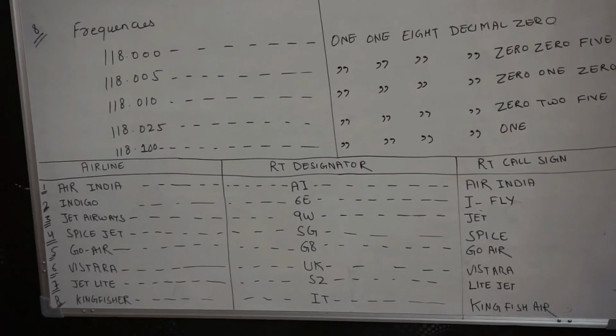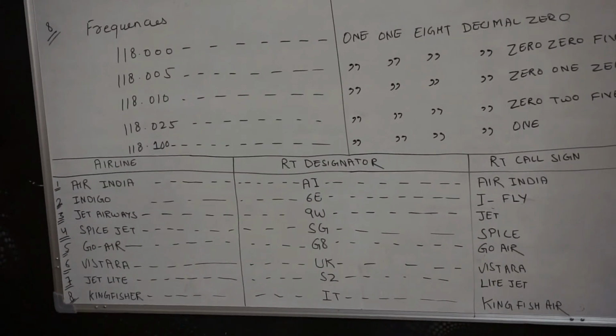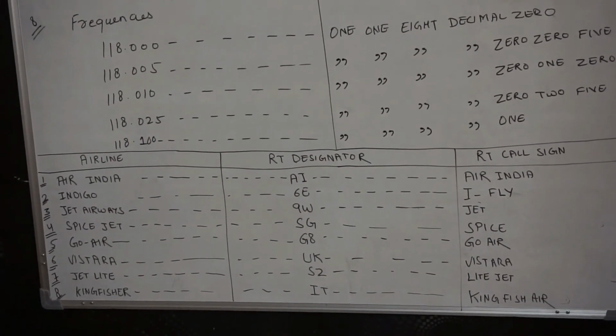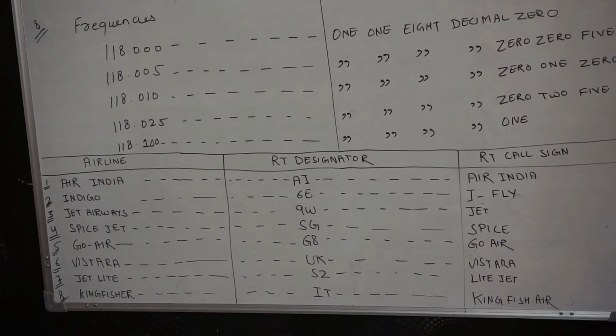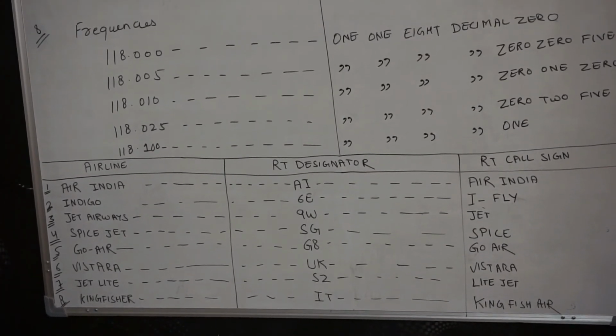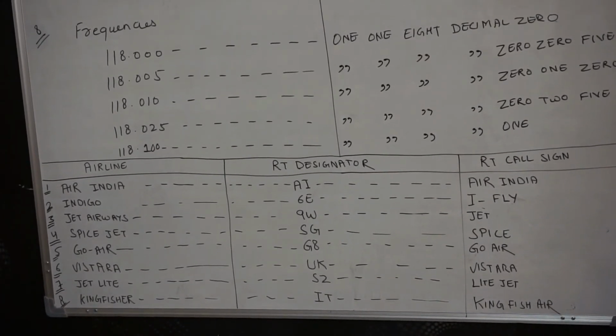I have written almost all the airlines. The first is Air India, the RT designator is AI, and we will say Air India. The second is Indigo, the RT designator is 6 Echo, and we will say IFly. Third is Jet Airways, RT designator is 9 Whiskey, and we will say Jet Airways. SpiceJet has RT designator Sierra Golf, and we will say Spice.